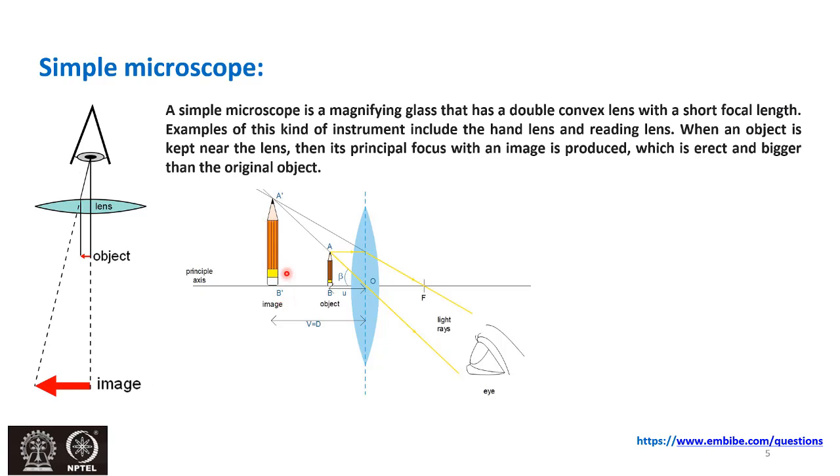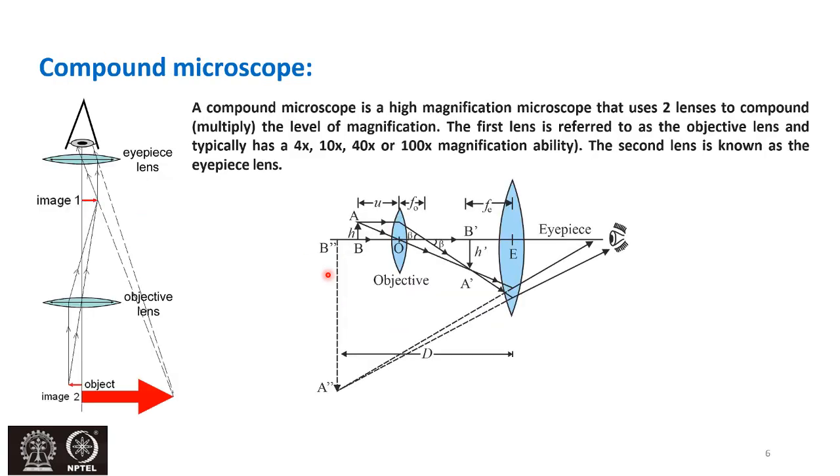That is how the simple microscope works, and this is how we are able to see the bigger or magnified image of our object. Then we have the compound microscope, which uses two or more lenses.